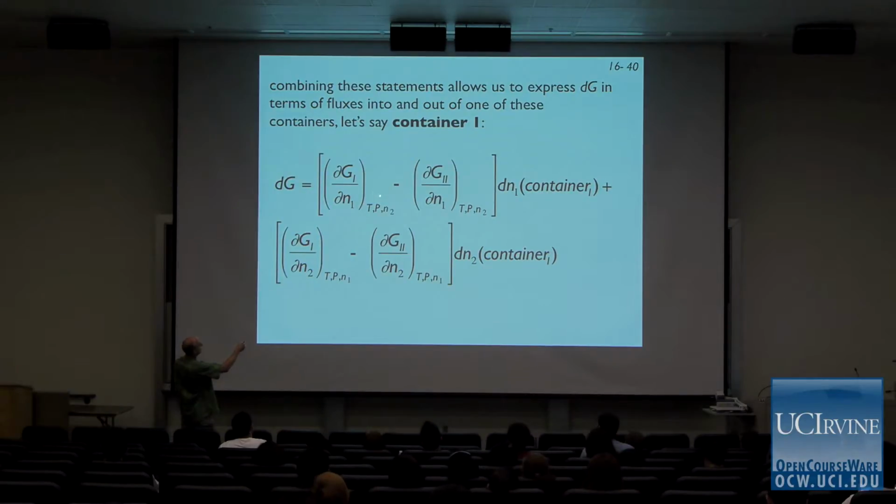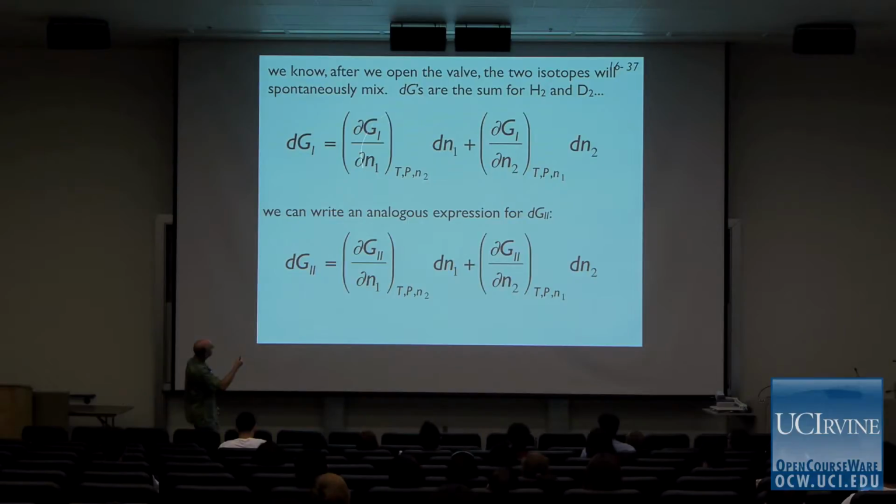What are these? This is everything pertaining to component 1, everything pertaining to hydrogen, and this is everything pertaining to deuterium. Here's a hydrogen term, and here's a deuterium term, and here's a term for dG1 and dG2.